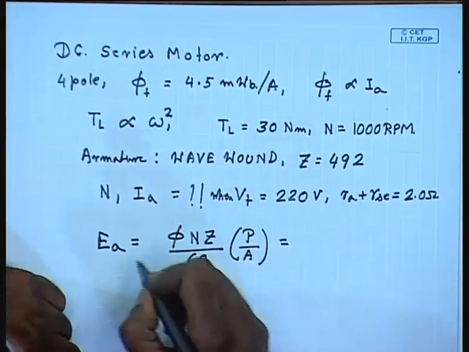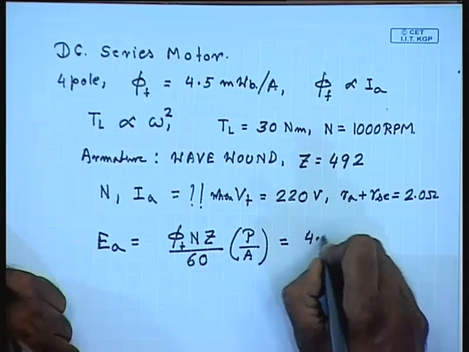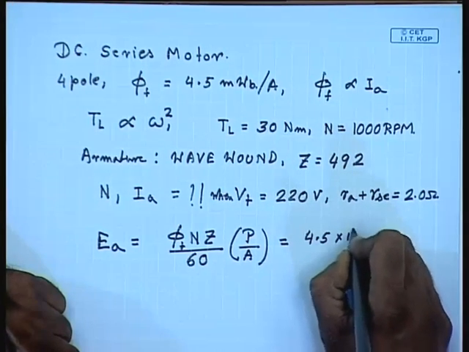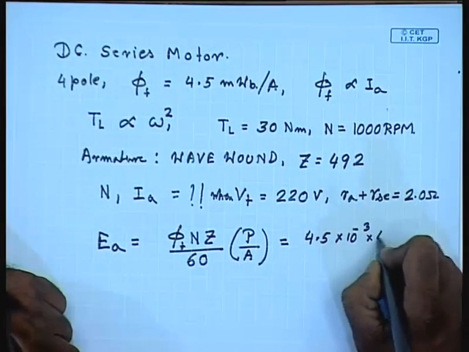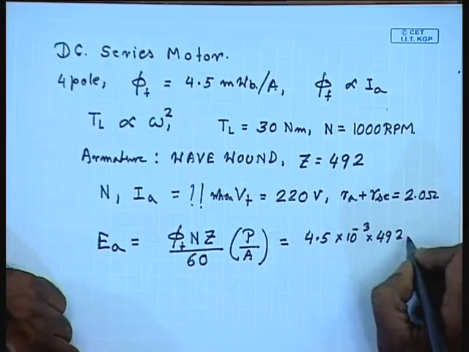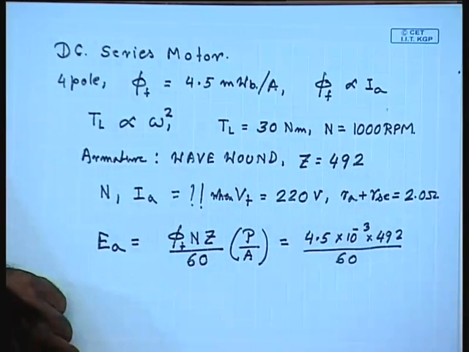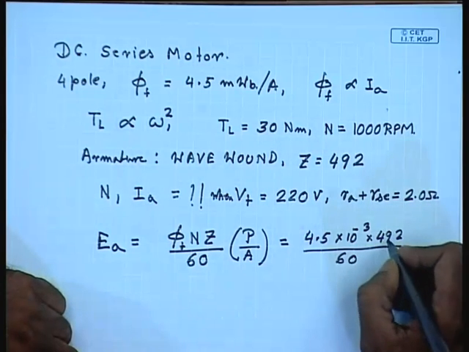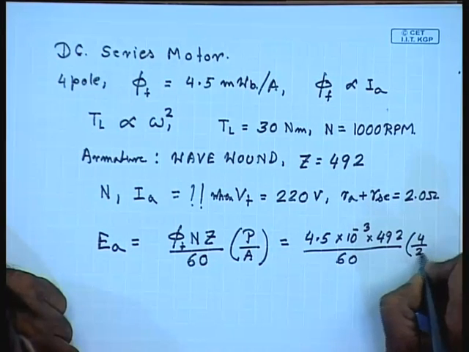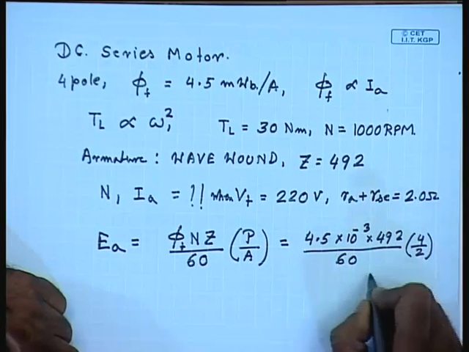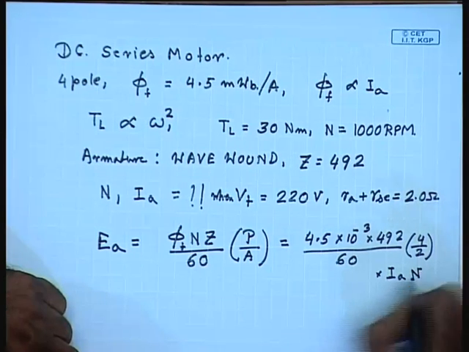From the given data, phi is 4.5 into 10 to the power minus 3 into Ia, Z is 492 by 60, P equal to 4 and wave wound, therefore, A equal to 2, into armature current into RPM.